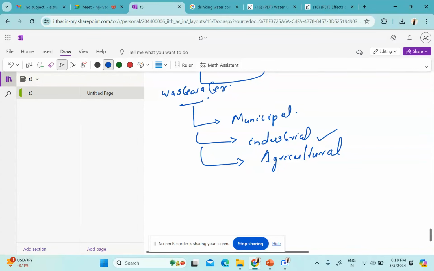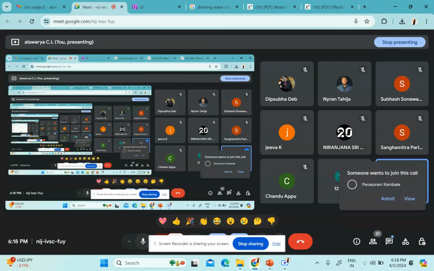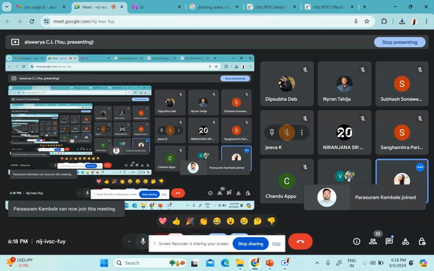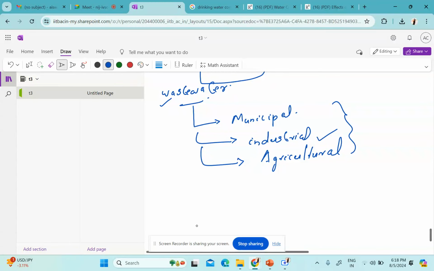So, we have to treat the wastewater, or we have to collect the wastewater from all these places. Then we discussed non-point and point emissions and sources, and how we can collect this wastewater from each place and treat it.